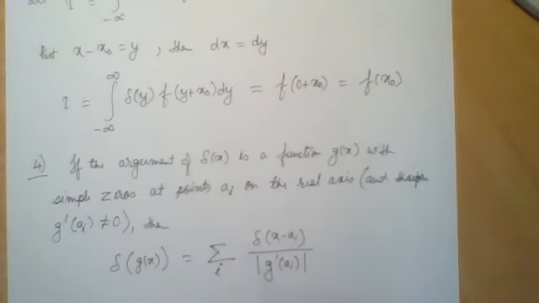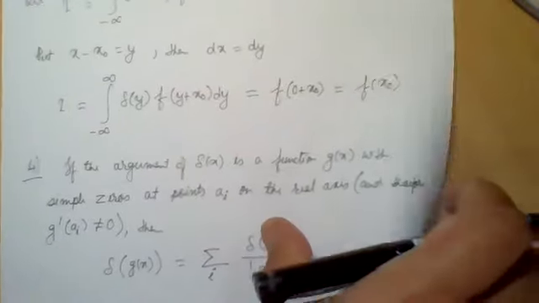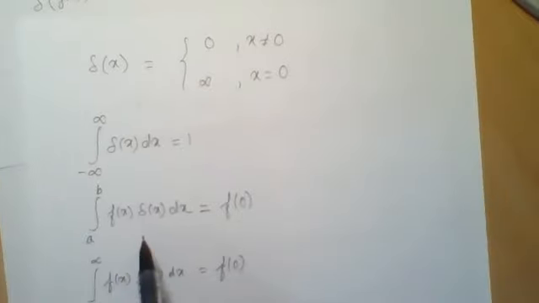So let us prove this. Let me take a new sheet of paper to prove this. Here we have to remember two things. What is the first thing? First thing is this.